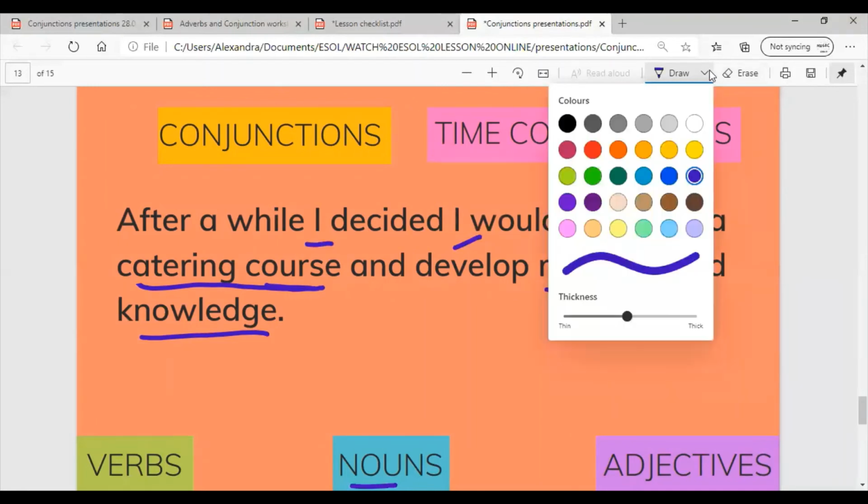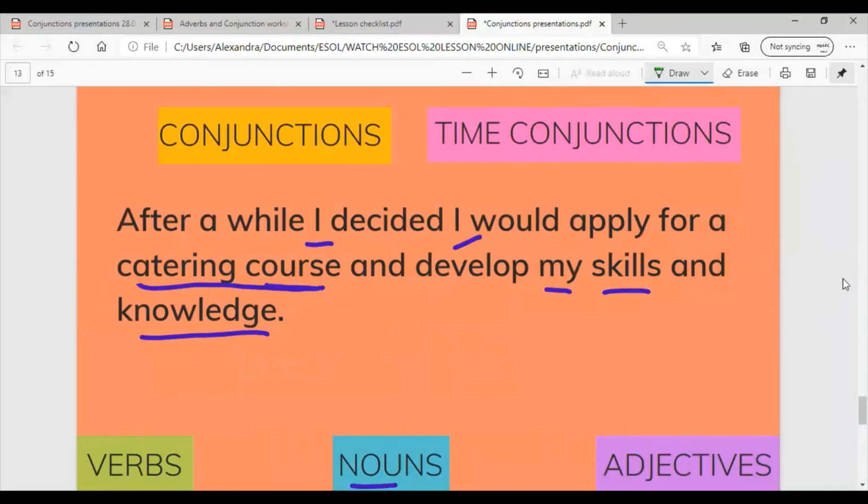Next we're going to look for our verbs. Now our verbs are our doing words, our action words. They're what the main person or thing in a sentence is doing. So after a while I decided, so decided with that ed past tense ending is one of our verbs. Would apply, that is another verb for our catering course.